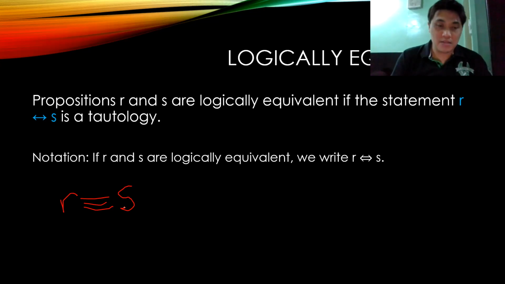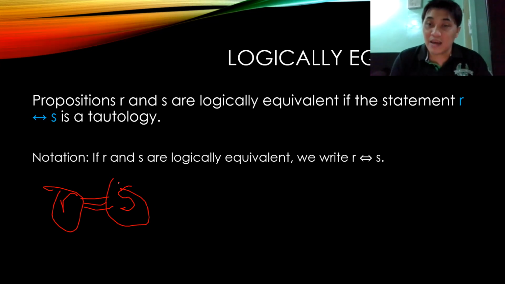You can determine whether compound propositions R and S are logically equivalent by building a single truth table for both propositions and checking to see that they have exactly the same truth table values.